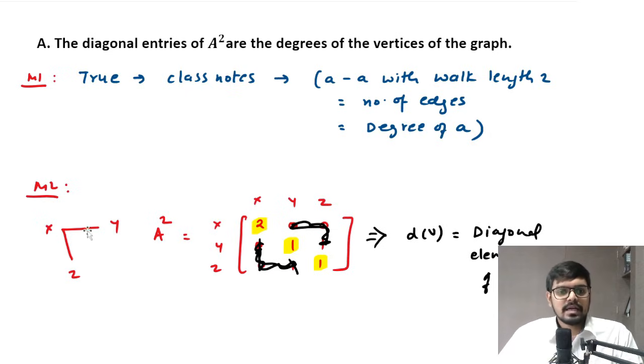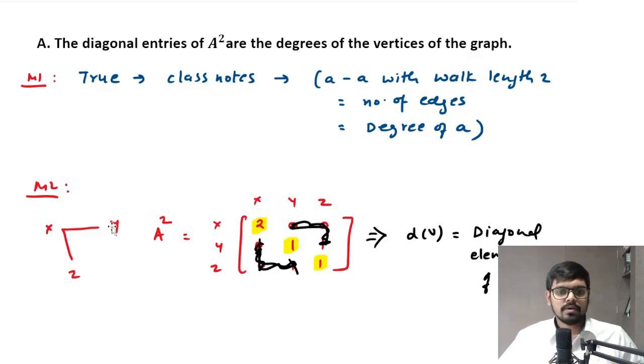So for the diagonal entries, tell me x to x, number of walks of length 2: x to y, y to x, and x to z, z to x. So these are 2 such walks, right? X to y, y to x, length 2, first kind of walk. X to z, z to x, length 2, second kind of walk. So 2 walks.